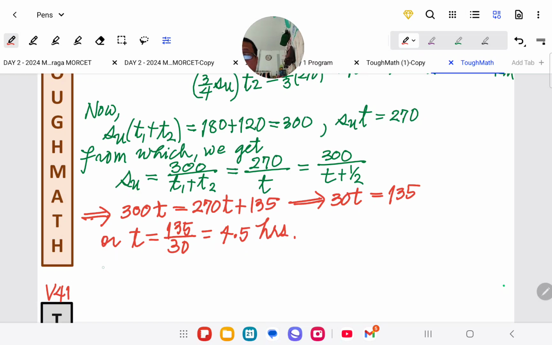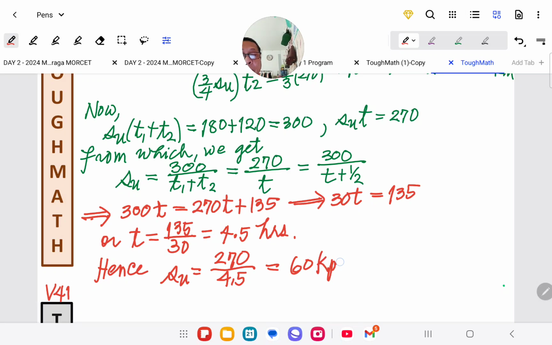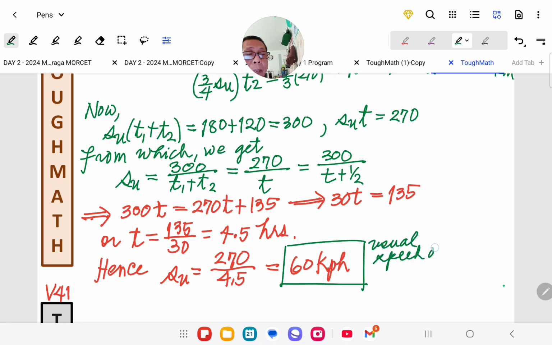Therefore, hence, S_u is equal to 270 over 4.5, and this gives us 60 kilometers per hour. So this is the usual speed of the motorcyclist.